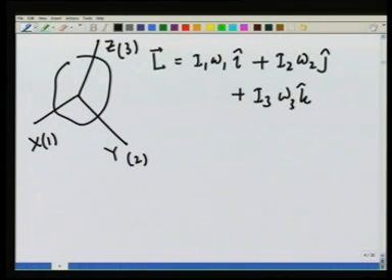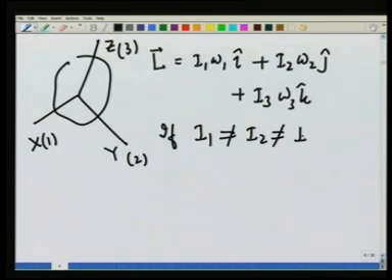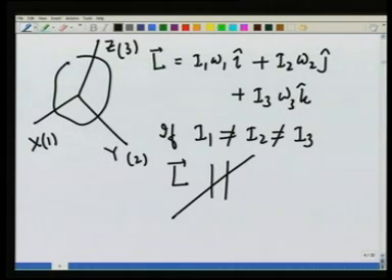Notice, however, if I_1, I_2 and I_3, the three moments of inertia, are not equal, then L is not parallel to omega.